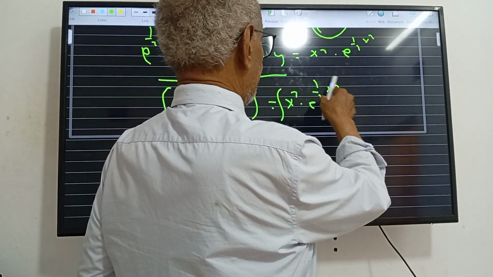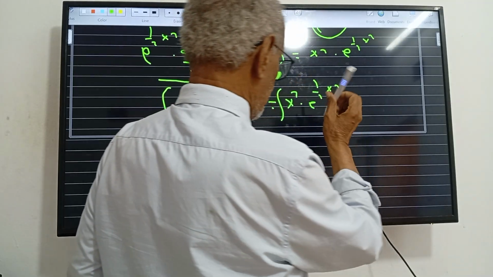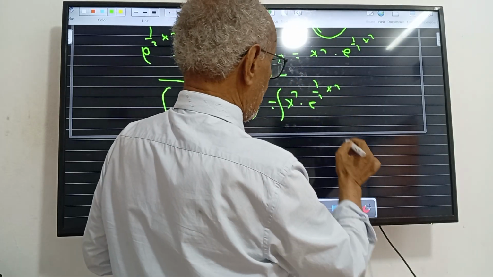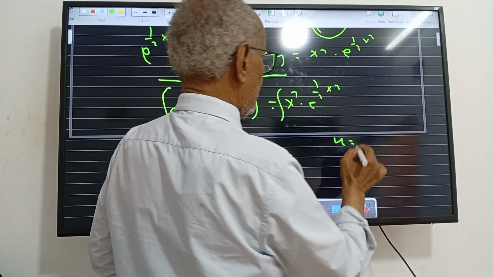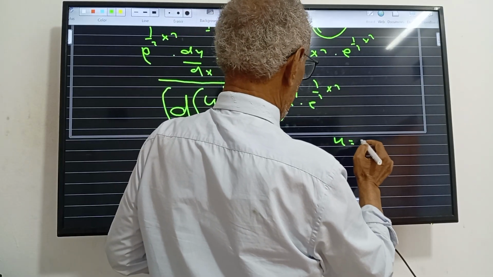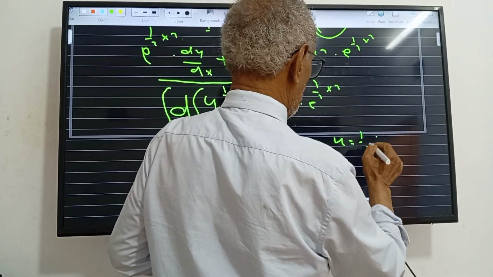If you differentiate this, you will get this. So here, in this part, consider u equal half x squared.